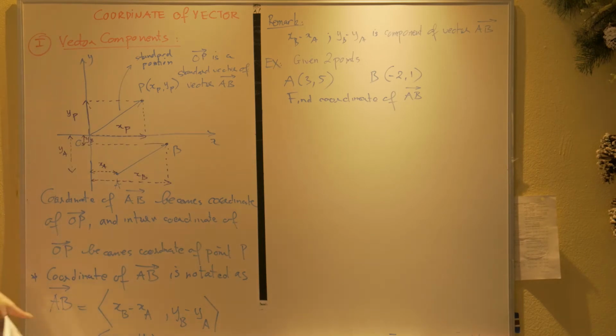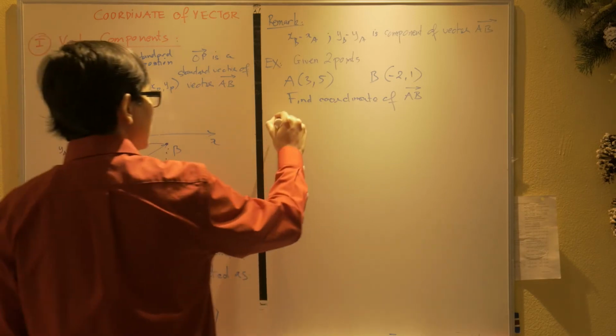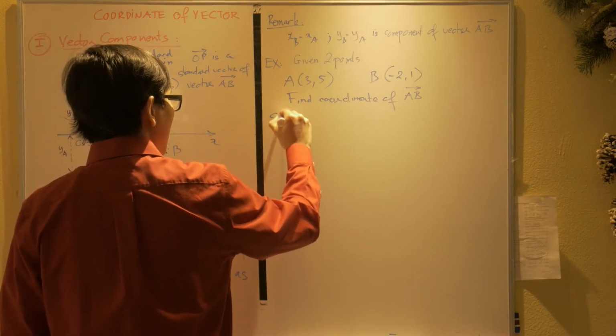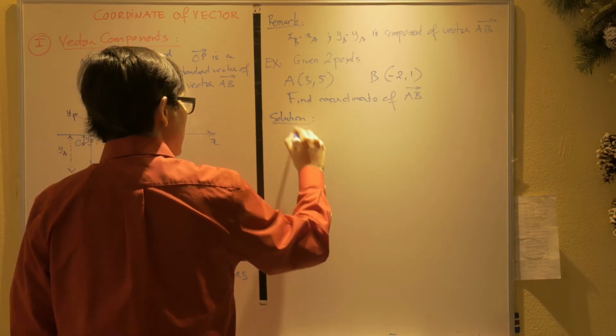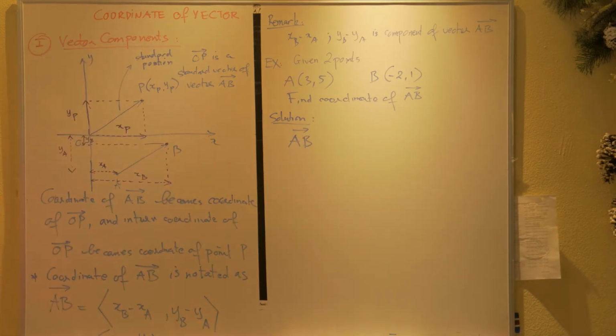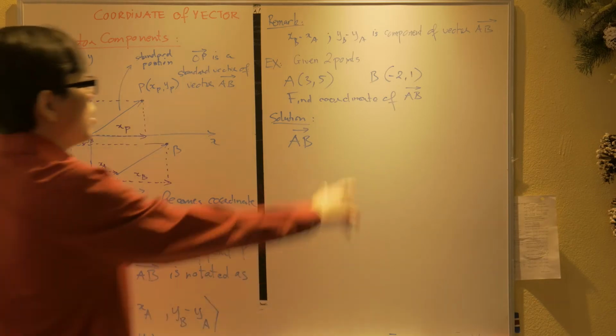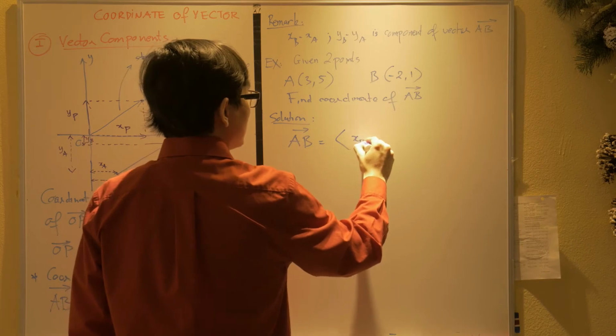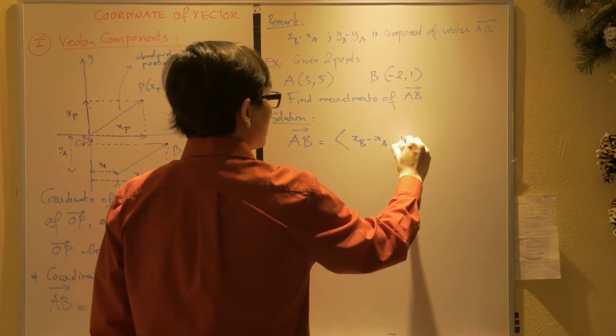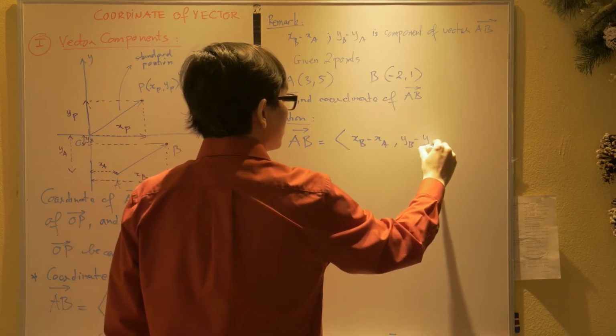So I'm going to use this formula, right? AB vector. Remember, you always do B first and A later. So you take the head minus the tail. Head minus tail. So xb minus xa, comma, yb minus ya.